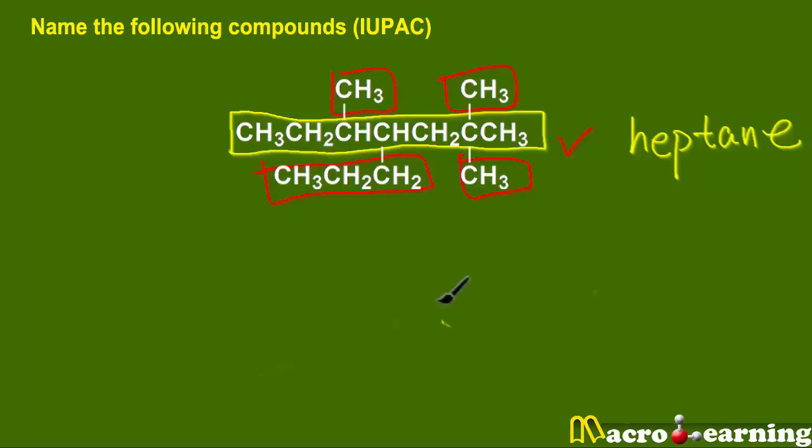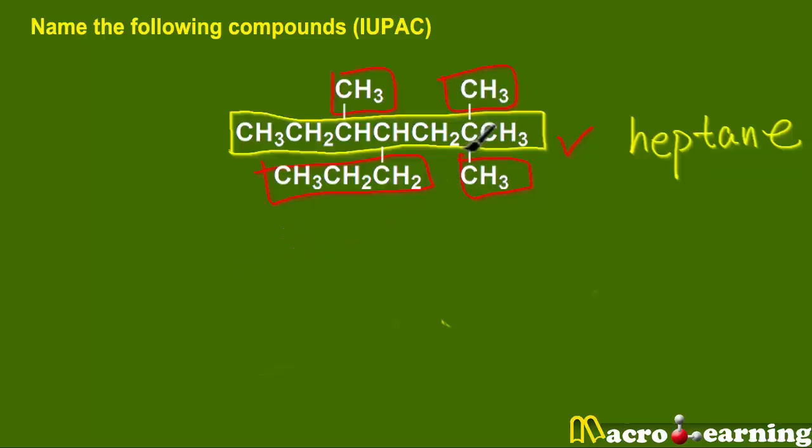Okay, so the numbering goes from the right-hand side again. Why? Because that way we can give the lowest possible number to the first substituent along the chain, which is carbon number 2 for these 2 methyls. That's why numbering starts from the right.